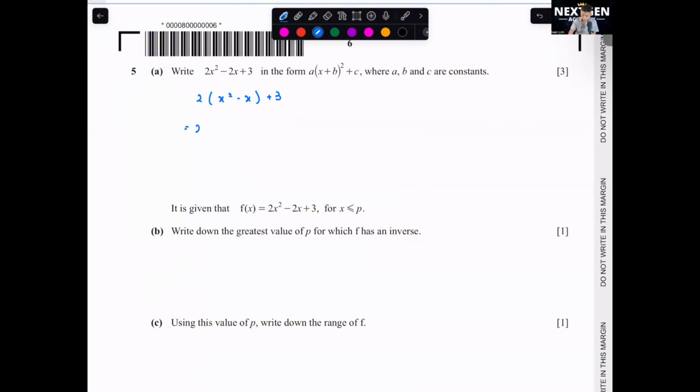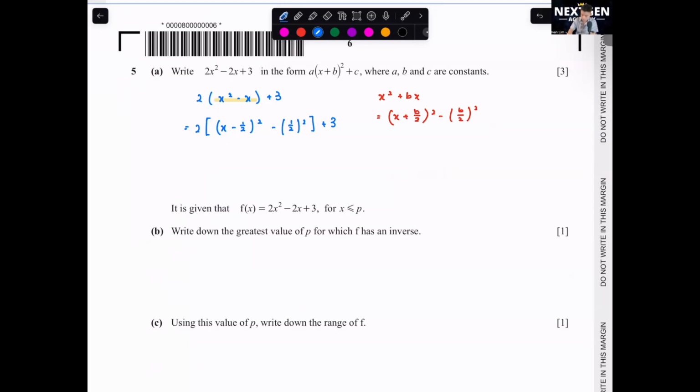Then we apply completing the square. Here will be x minus 1 over 2 squared, minus 1 over 2 squared, plus 3. Why I write it like this is because I only want to focus on this. The formula is x squared plus bx equals x plus b over 2 squared minus b over 2 squared. This is the only step that you need to do; the others just follow.